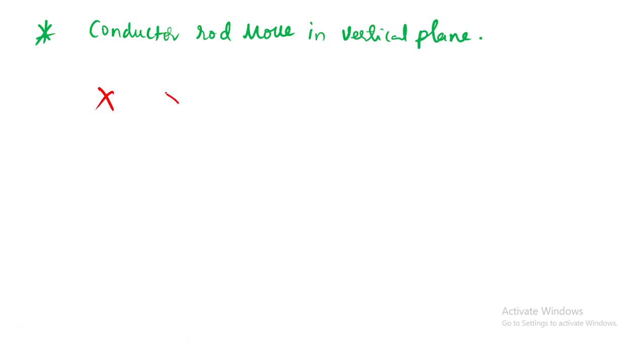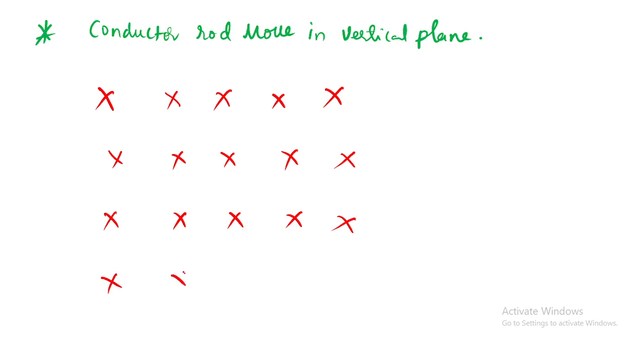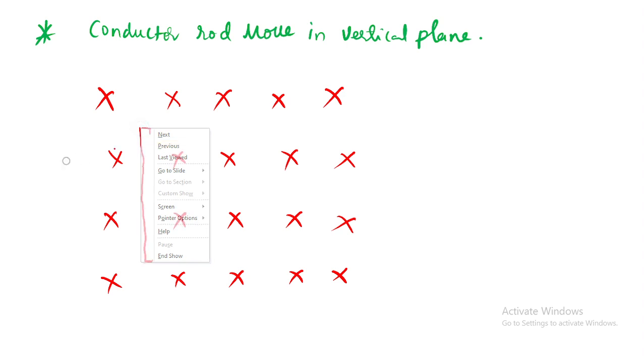there is a magnetic field like this. Is it clear? Let's imagine these are the insulators. Let's say there are static conductors.